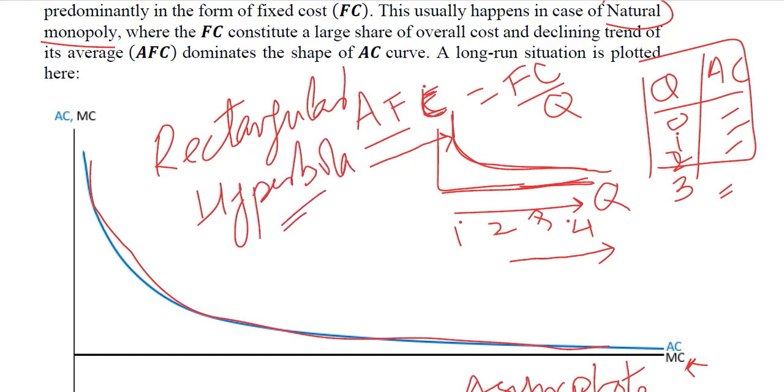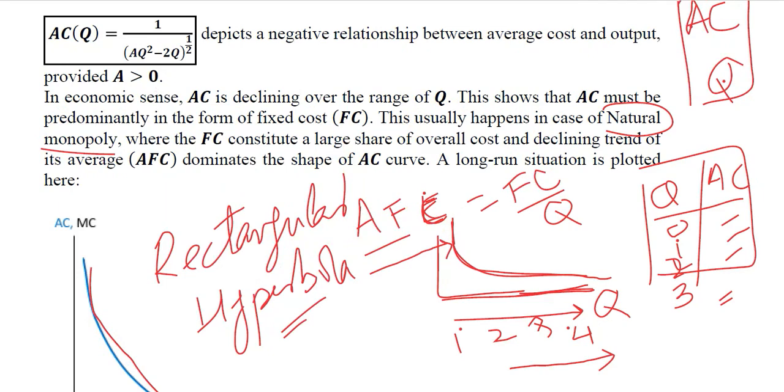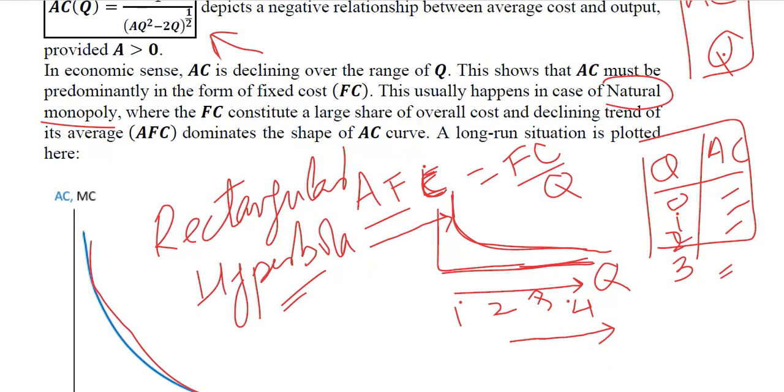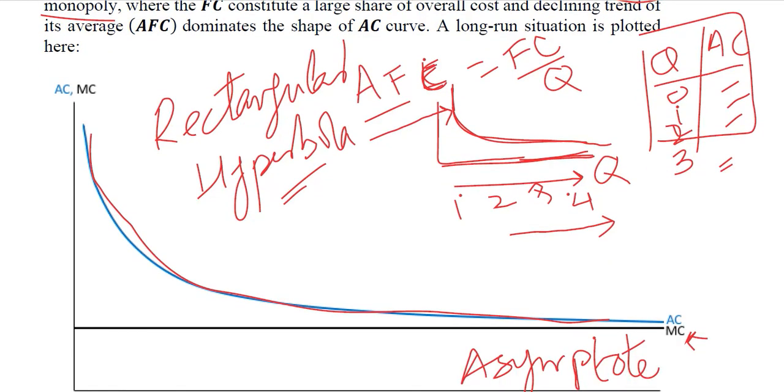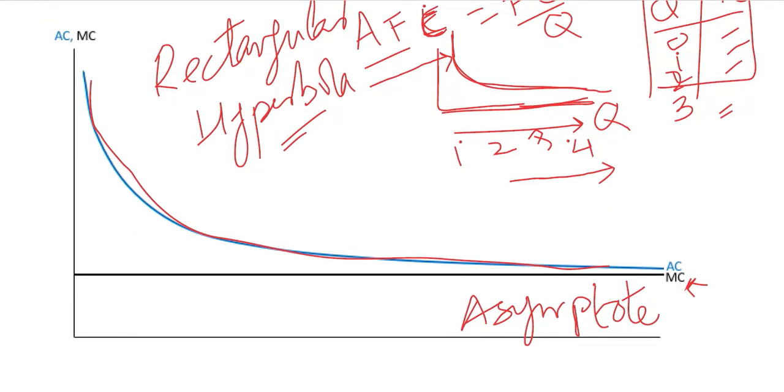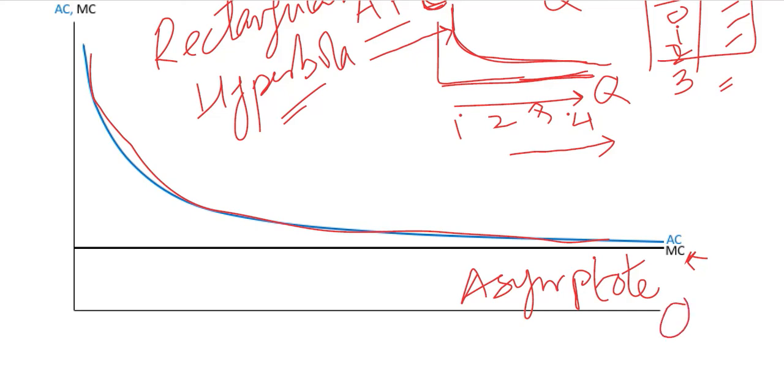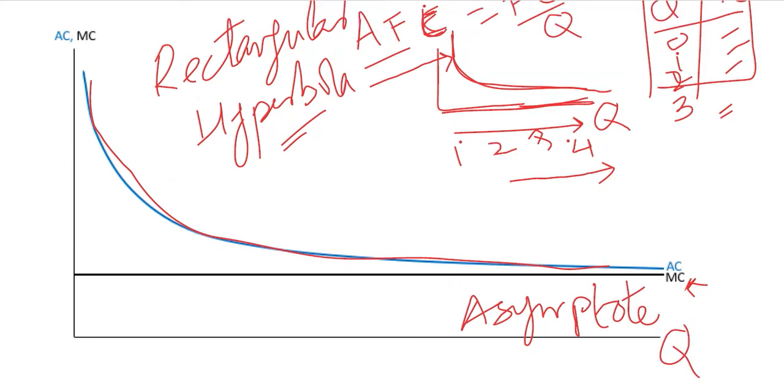And it is holding here, this is a kind of shape which is rectangular hyperbolic in nature. So by plotting this solution that we got, we get to know that this is a relationship of average cost with output, and it is showing where there is a possibility of having a natural monopoly.